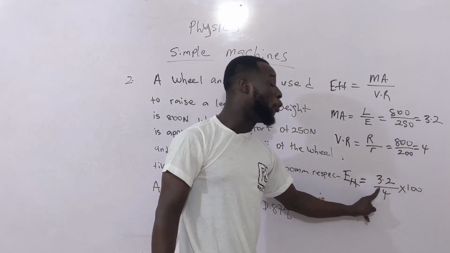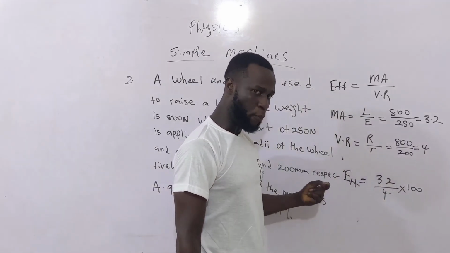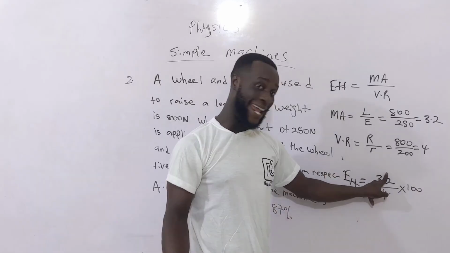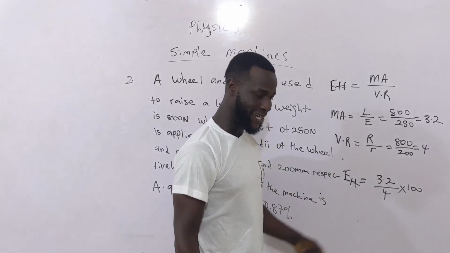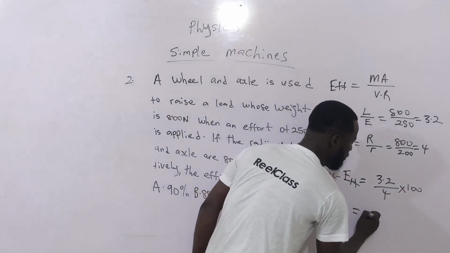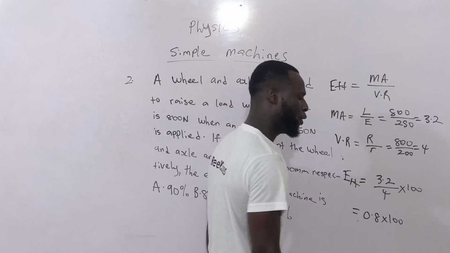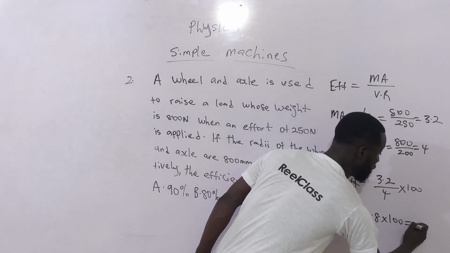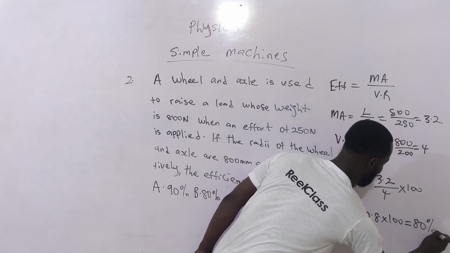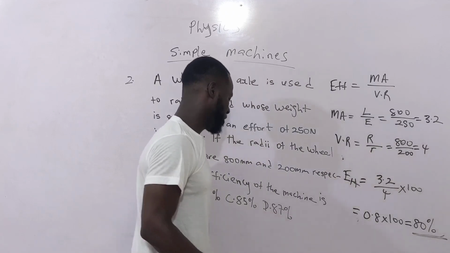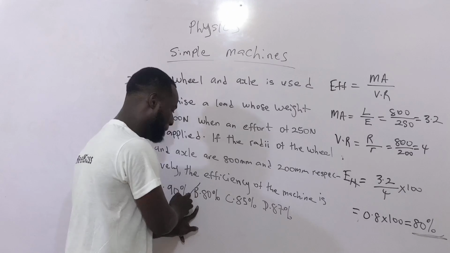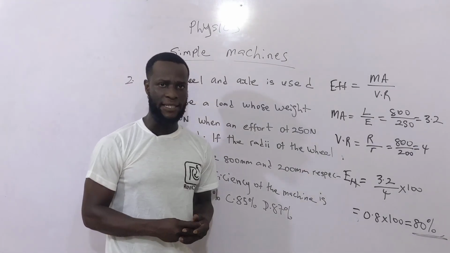How many times will 4 go into 3.2? 0.8 times, because 4 will go into 32 8 times. That is 3.2 is 0.8. So this will now be equal to 0.8 times 100. What is 0.8 times 100? It will give us 80%. That is the efficiency. And that's option B. Let's look at our next question.